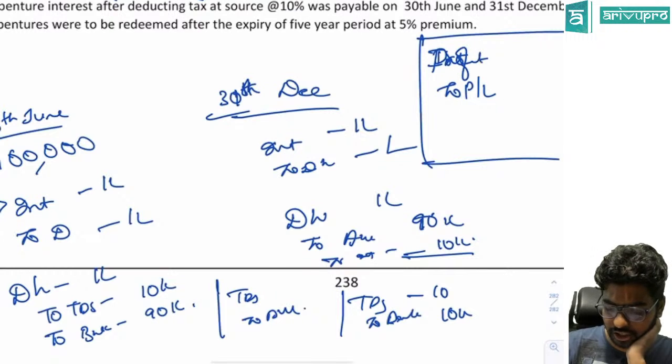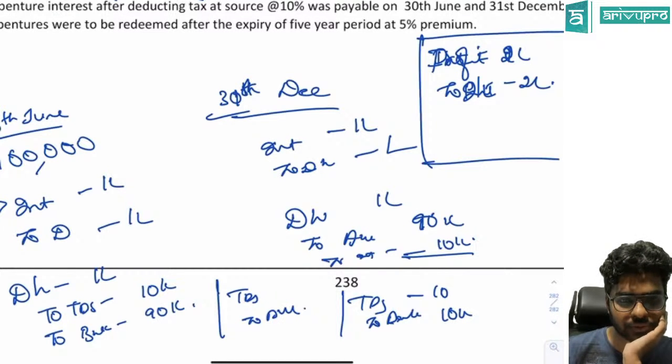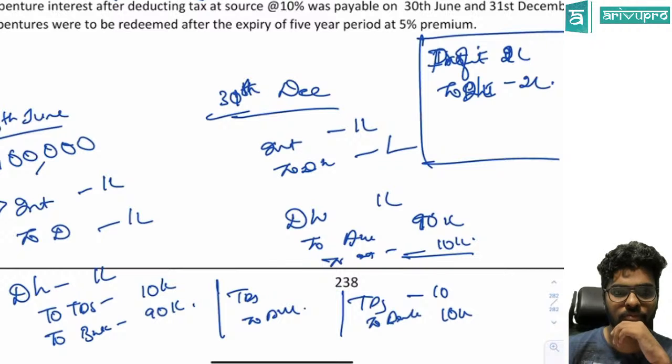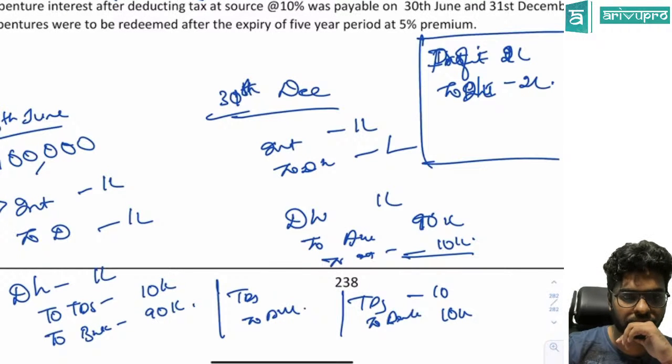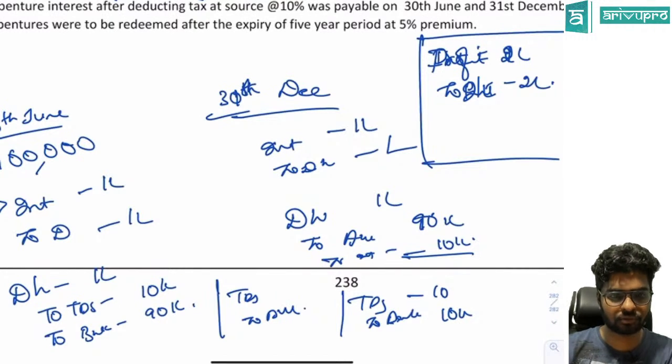Sorry, profit and loss account to interest account, 2 lakhs, 2 lakhs. Are you clear?